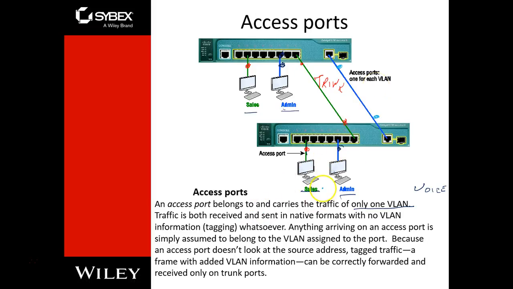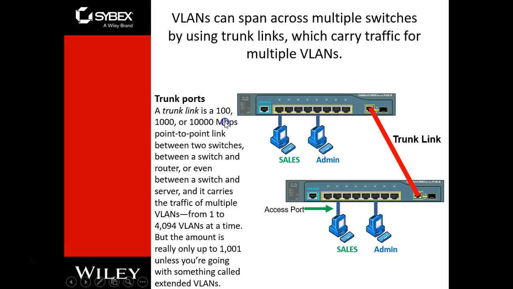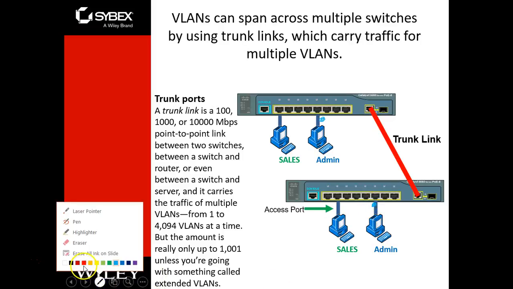So because an access port doesn't look at the source address, the tagged traffic, the frame with added VLAN information, can be correctly forwarded only on trunk ports. So we'll go over here. We have trunk ports. He did away with these colors. I'm going to have blue ports, and I'm going to go back to red.